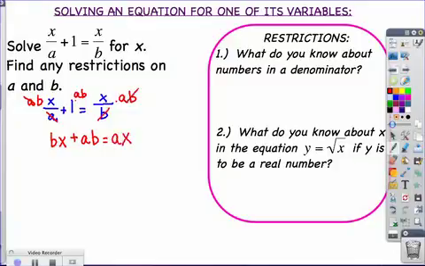Now, when talking about restrictions, we need to think about denominators. Denominators cannot equal 0, or it would be undefined.